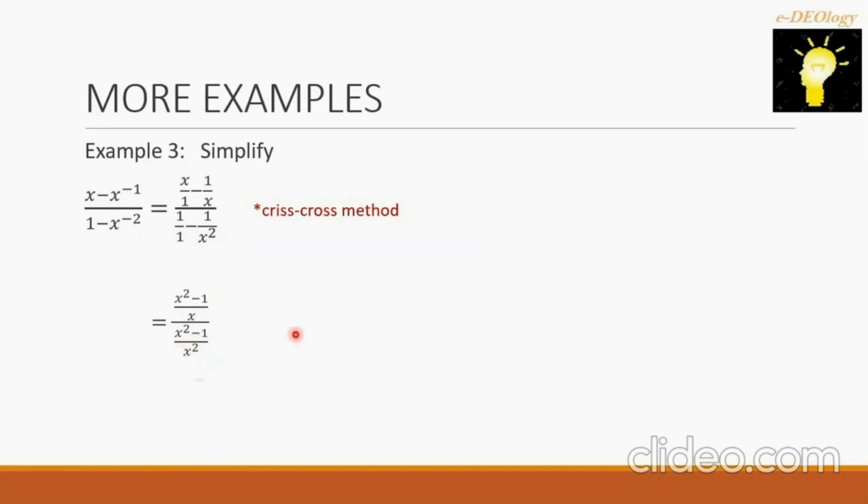The next is, I want to show this complex fraction like this. I took all the numerator, I will write it here, then I will write the division symbol followed by this denominator. As you see, this x squared minus 1 over x is now copied here, then divided by this denominator, x squared minus 1 over x squared, is now here.